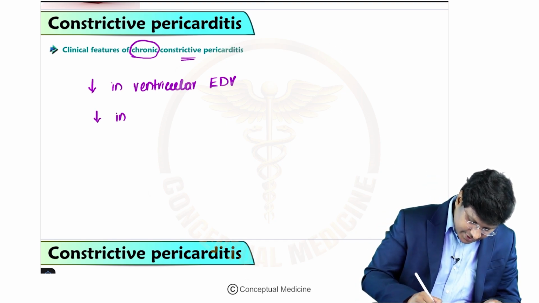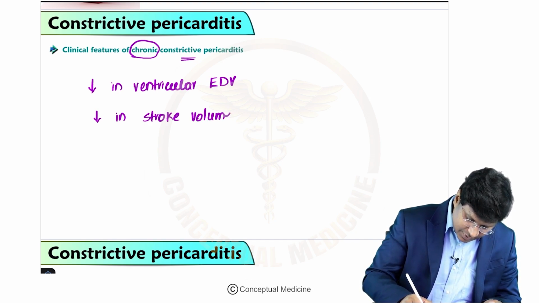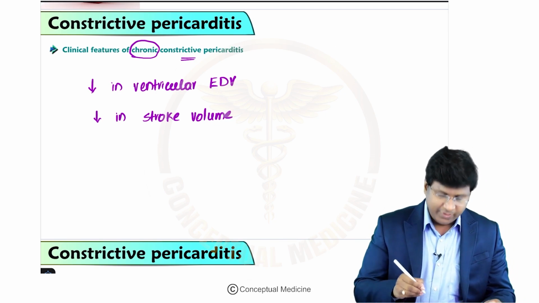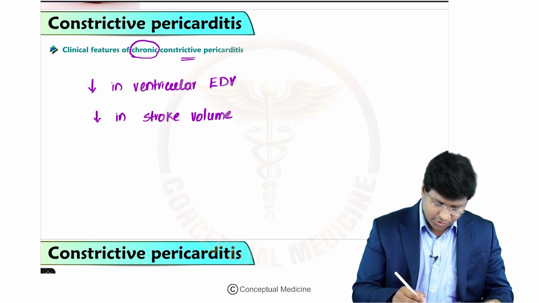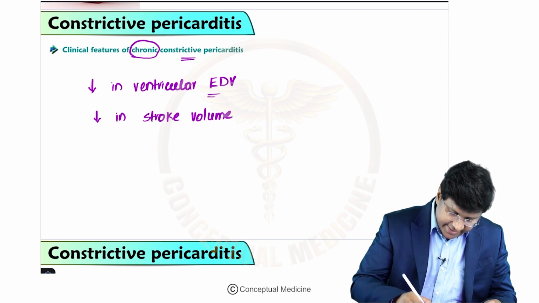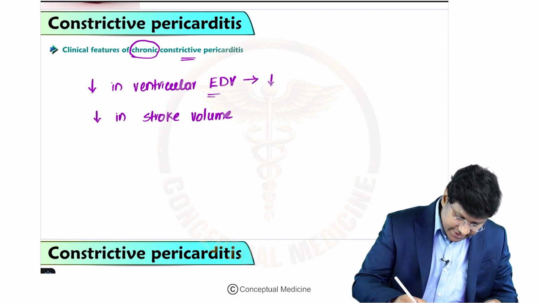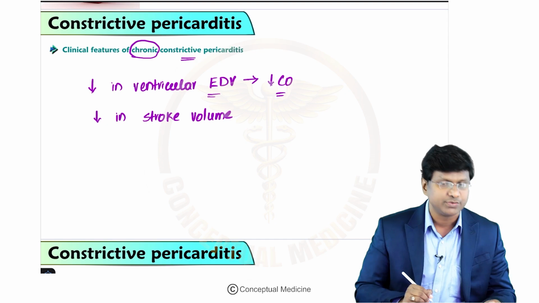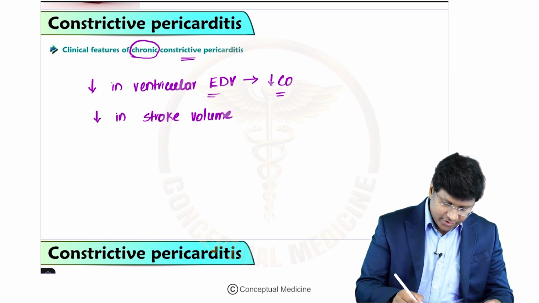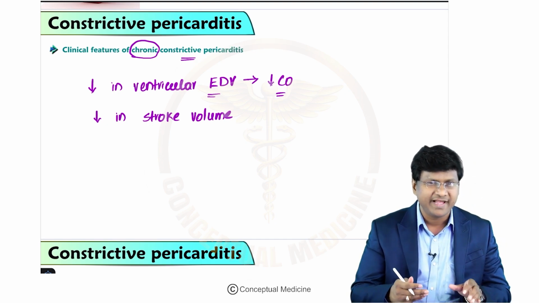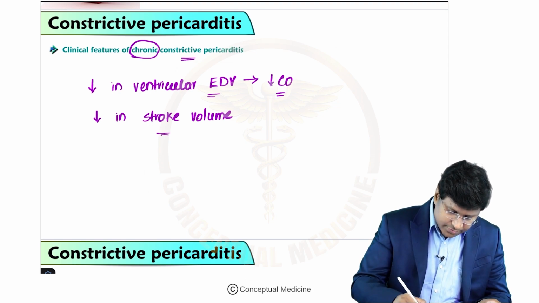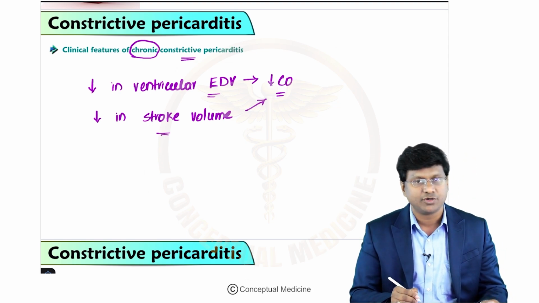There is also a decrease in stroke volume. Why will there be a decrease in stroke volume? Once there is a decrease in end diastolic volume, obviously there will be a decrease in stroke volume, due to which there is a decrease in cardiac output.